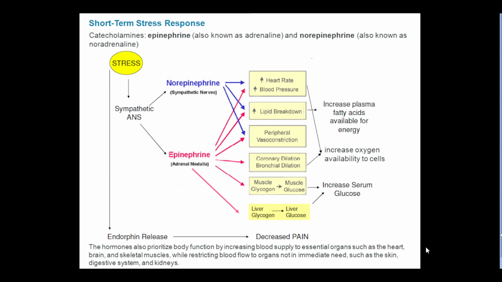So this is what is known as redistribution of the blood flow. In some organs you will have vasoconstriction, while in important organs like the heart, you will have vasodilation. So these are the short-term stress responses. This is what happens during the alarm stage.